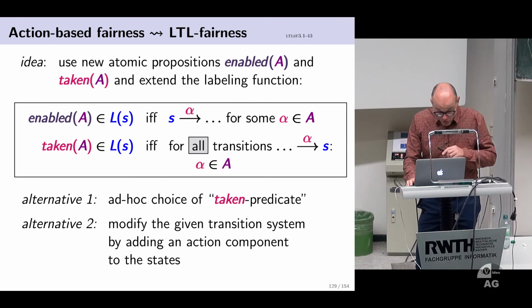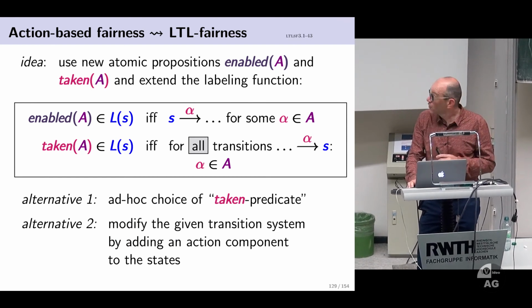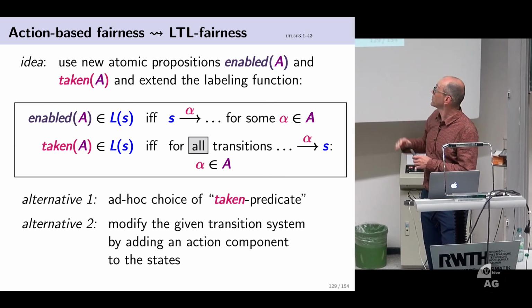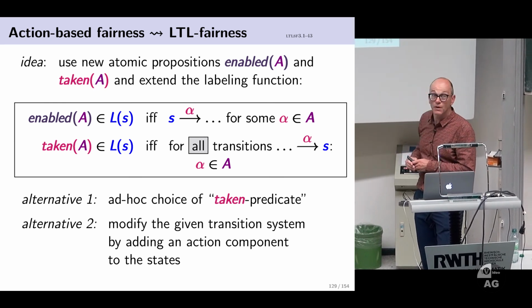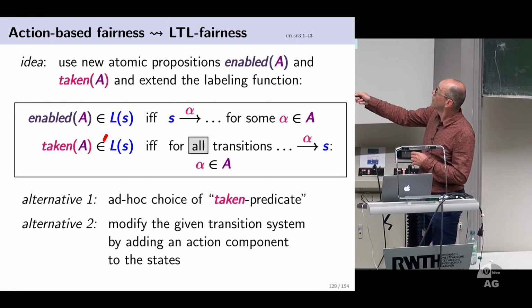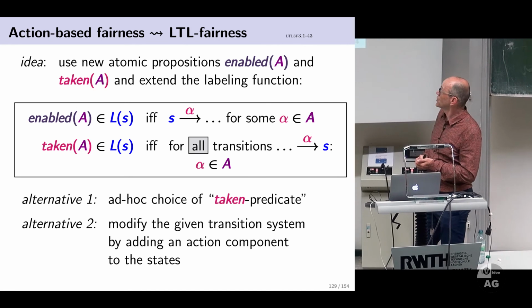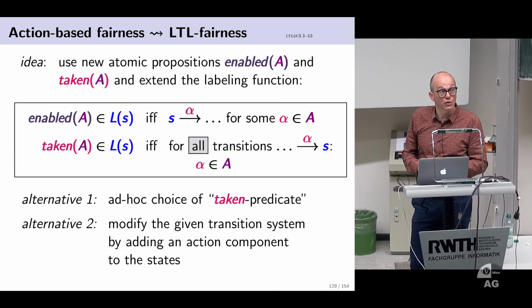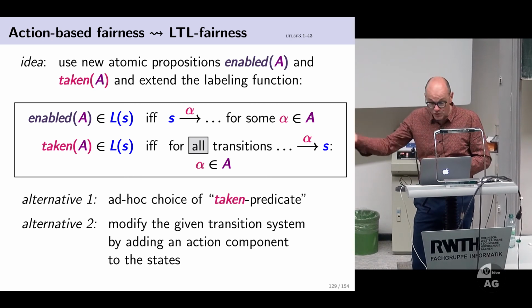Good. So there are two alternatives. One is an ad hoc solution. I prefer the second alternative. We're going to do a systematic change of the given transition system that you can fully automate, and then you can introduce those two atomic propositions, and you can cast every fairness assumption in terms of actions in terms of the new transition system.